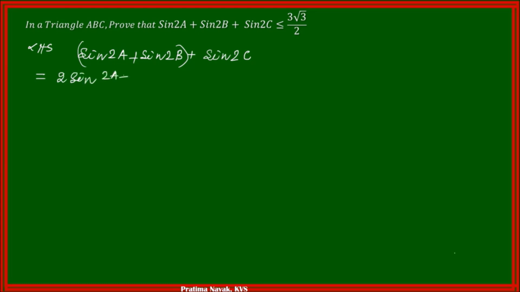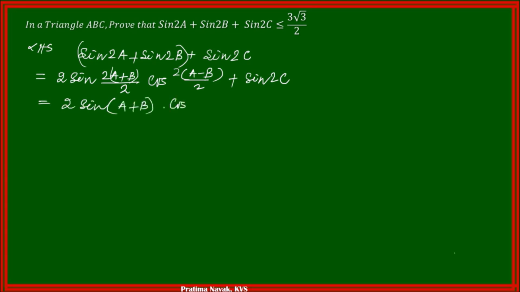So 2A plus 2B by 2 into cos of (2A minus 2B) by 2. And next sine 2C will be as it is. So in the next step, it will be sine (A plus B) multiplied by cos (A minus B), plus sine 2C I can write as 2 sine C cos C.